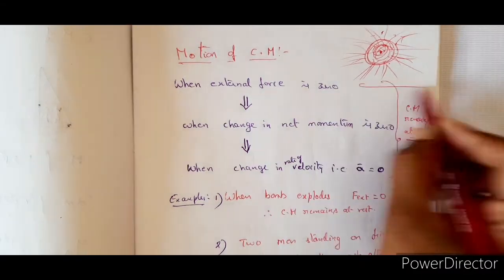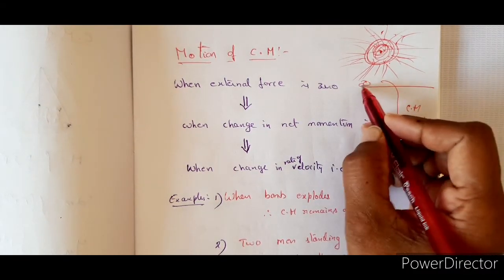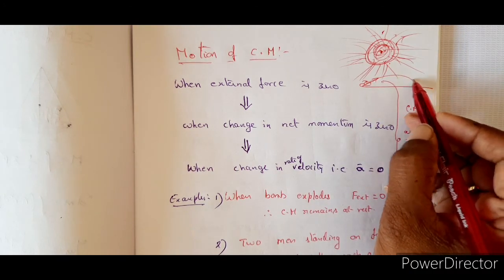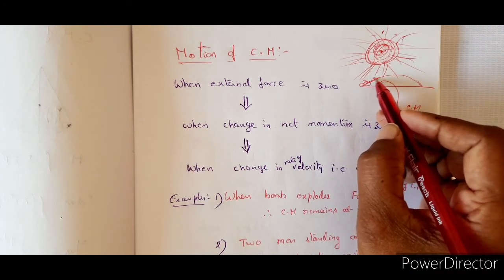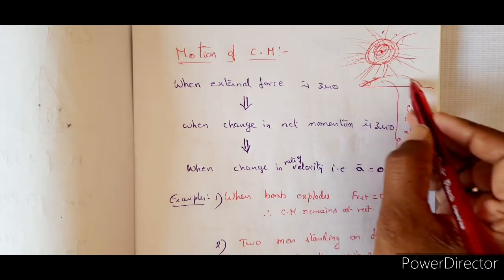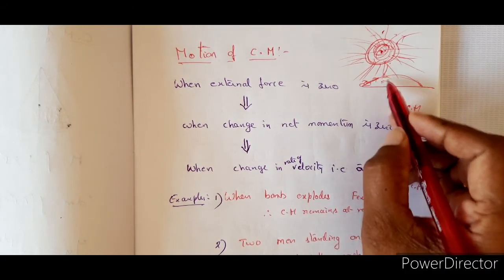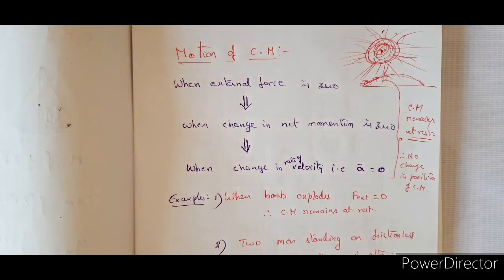Now suppose some person had thrown a shell. The shell is supposed to move like this, and now it is moving in a particular direction, like this is the actual path that we assume. Suddenly the bomb exploded. The particles will be scattering in different directions, but the center of mass finally will be along its path.